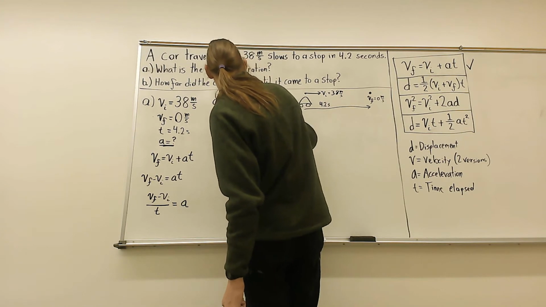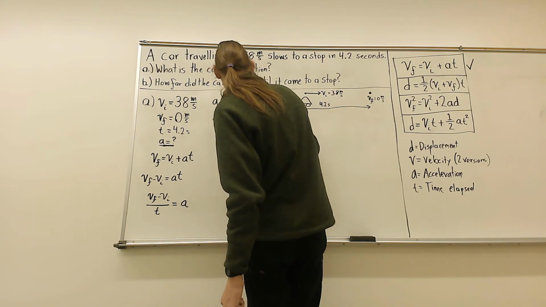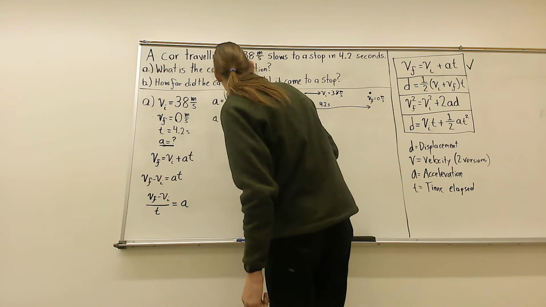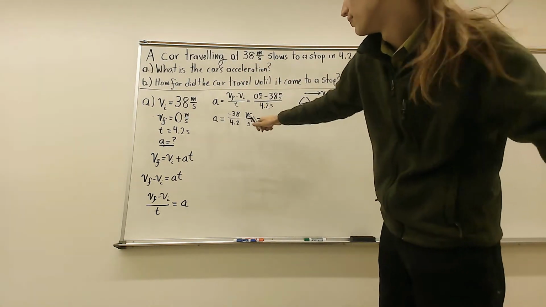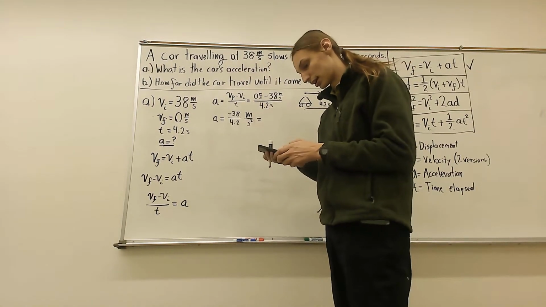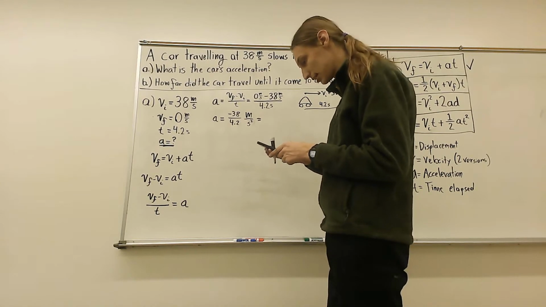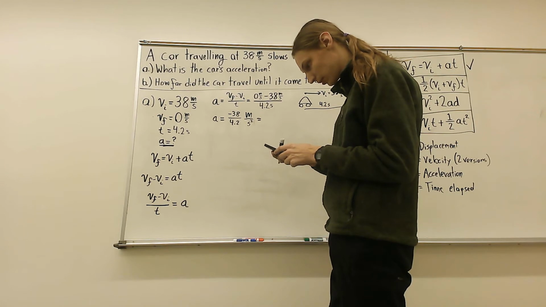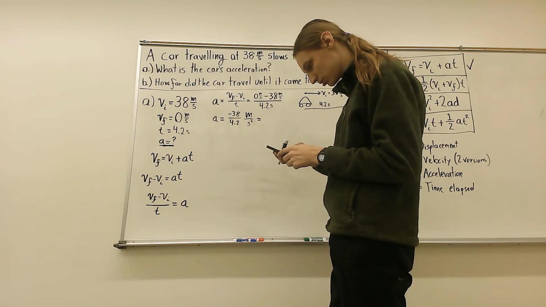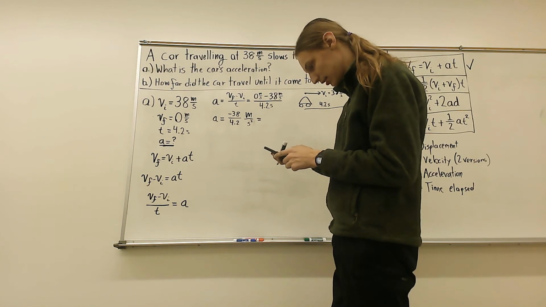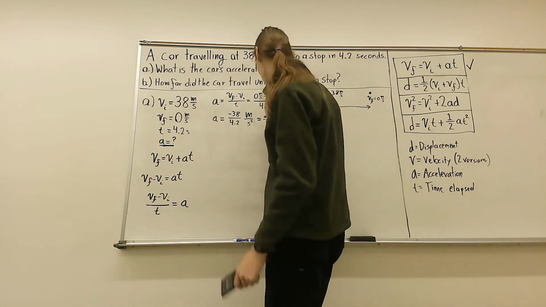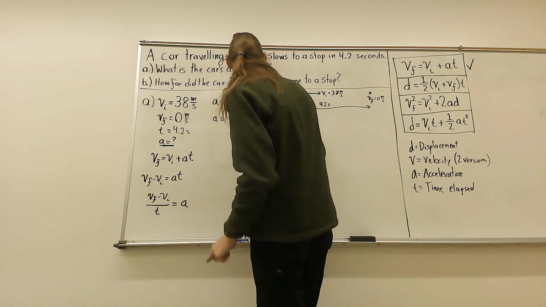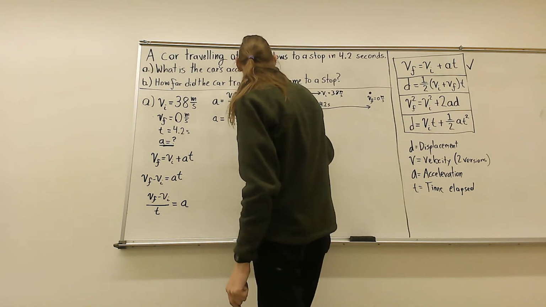So we know our unit is going to be meters per second squared, and then we can figure out what the actual number is by pulling out our calculator here. 38 divided by 4.2 is 9.0.